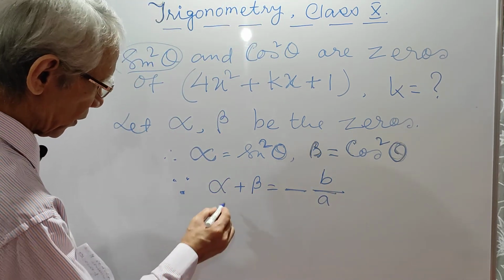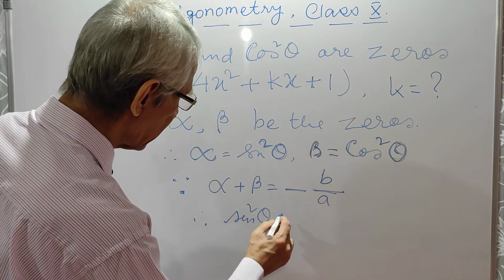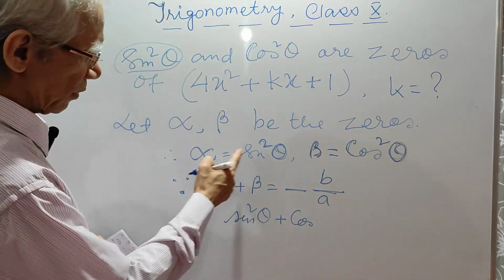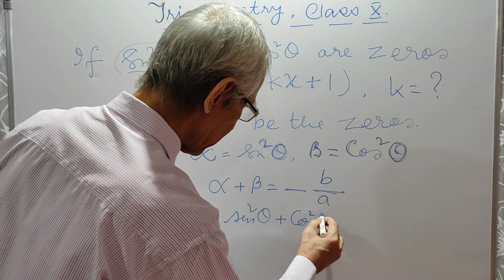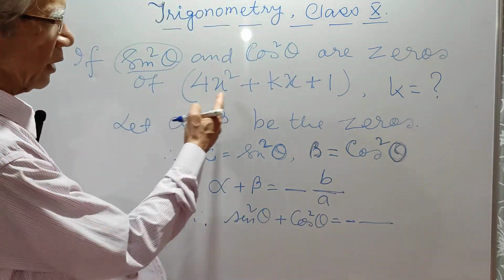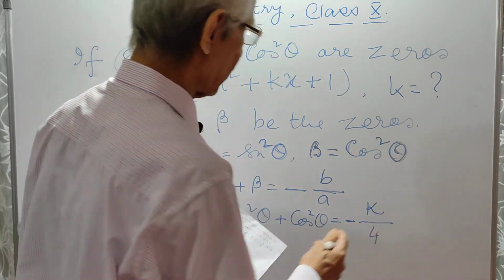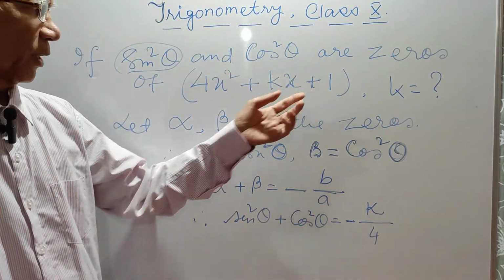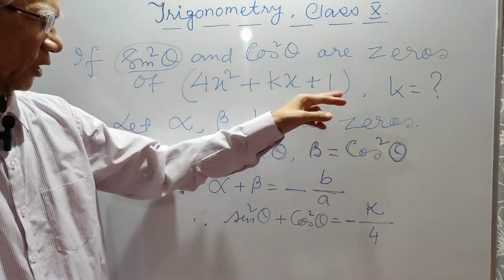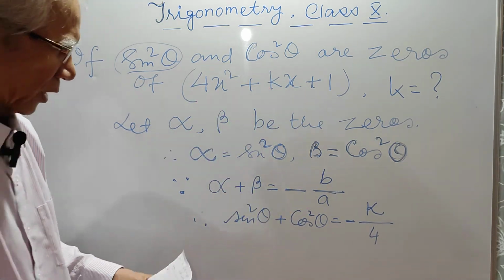So therefore alpha plus beta means sine square theta plus cos square theta equal to minus b by a. Now what is b here? K. And what is a? 4. So in this quadratic polynomial, what is a? 4. What is b? K. What is c? 1. A, B, C. Now sum of the roots is minus b by a. So minus k by 4. Okay.